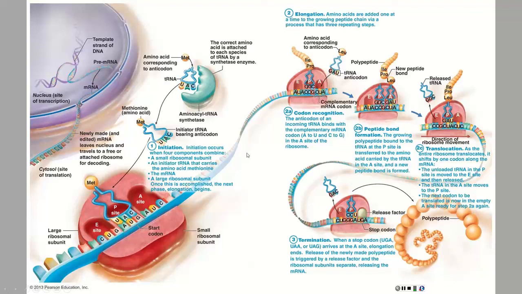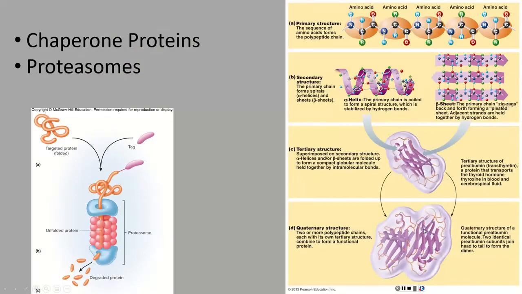And then we would keep sliding along three letters at a time, adding more and more amino acids. That chain of amino acids keeps growing until eventually the chain is finished. This is my primary structure. The ribosome, meanwhile, falls apart. It's done its job, it's finished.